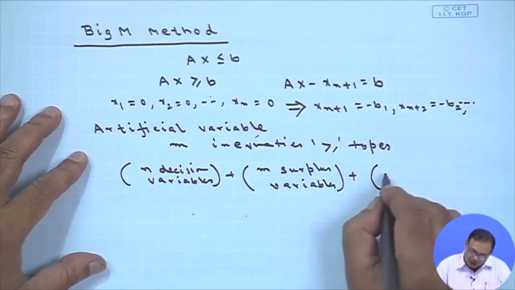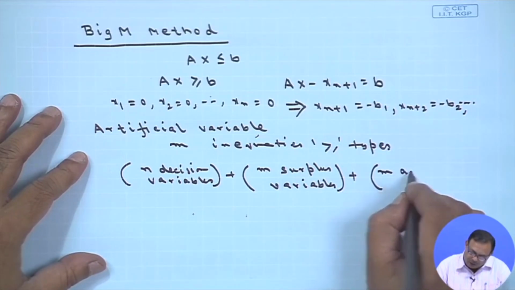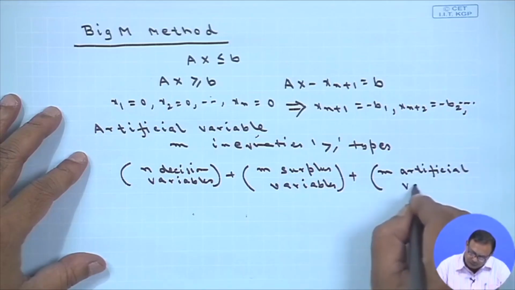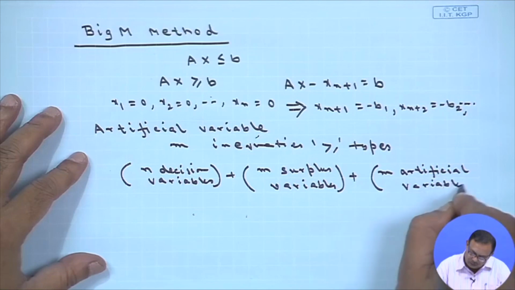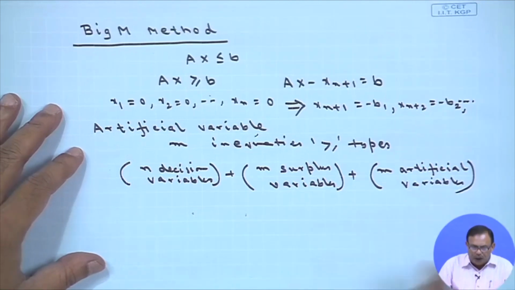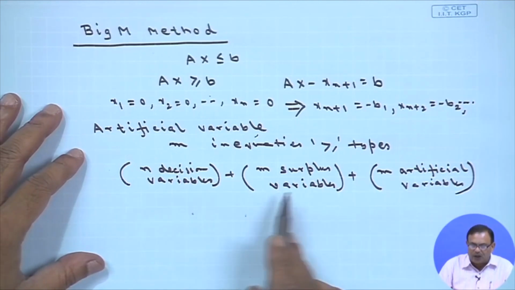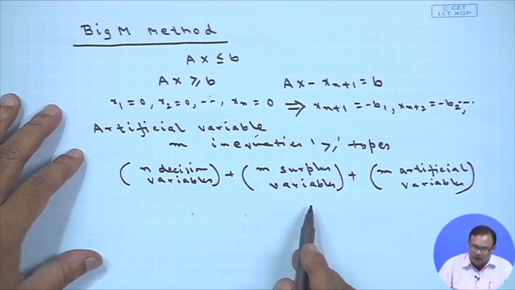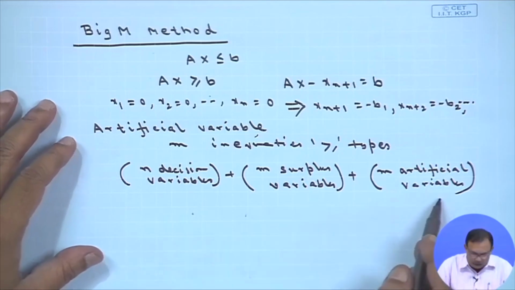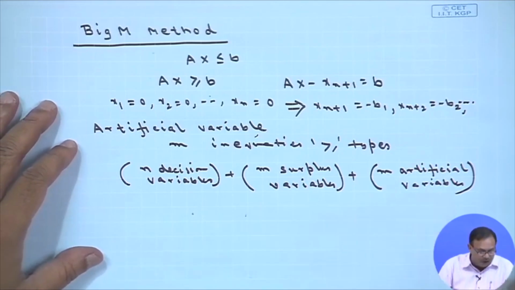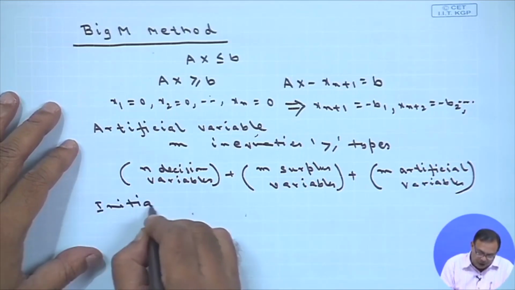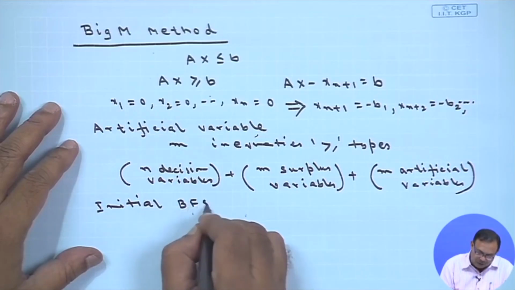So, there will be m artificial variables, so in total you are having n plus m variables. Out of that, n decision variables, m surplus variables and m artificial variables. Now, how will you obtain the initial basic feasible solution?